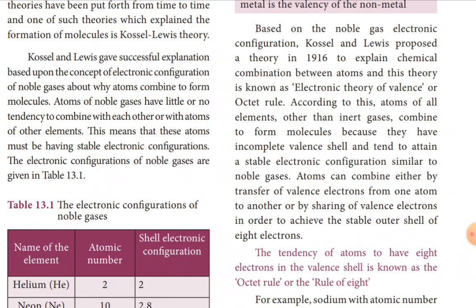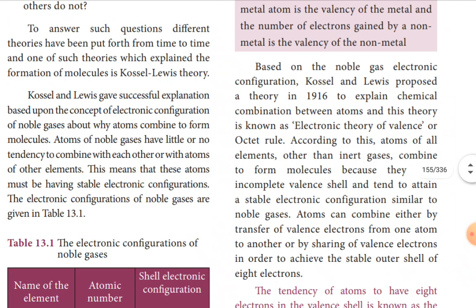All the remaining atoms, neon, argon, krypton, xenon, radon, have the outermost shell filled with 8 electrons. So when they have 8 electrons in the outermost shell, the octet rule, the electronic theory of valence, is fulfilled. So those atoms are stable in nature. But how do atoms combine? By transferring or sharing electrons.